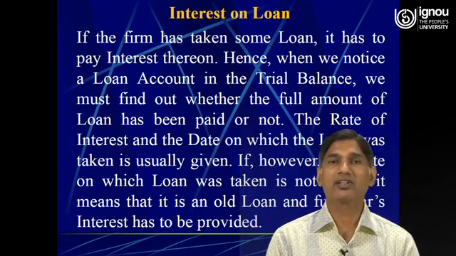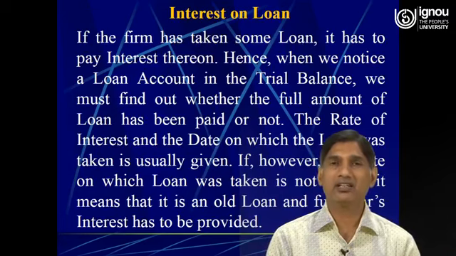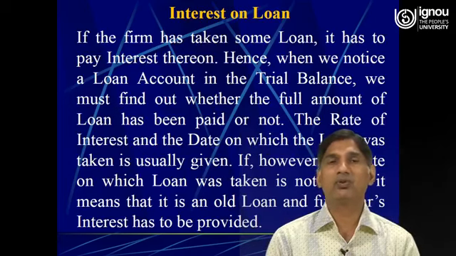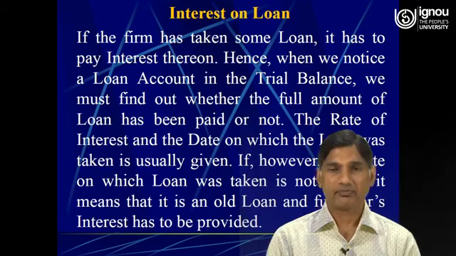If, however, the date on which the loan has been taken is not given, it is assumed that this loan belongs to the previous year. It means the loan has been taken in the last year, and now in the current year the full amount of interest on the loan will be charged.